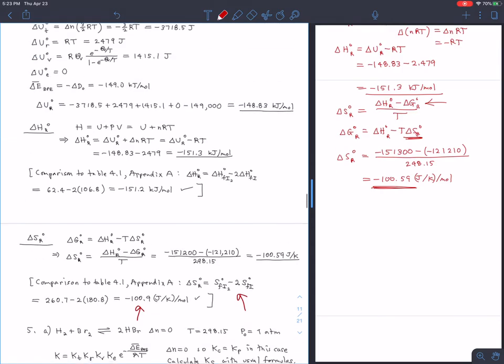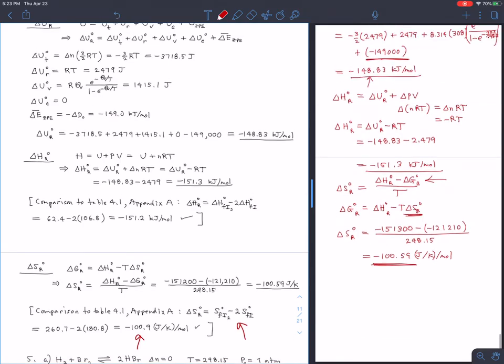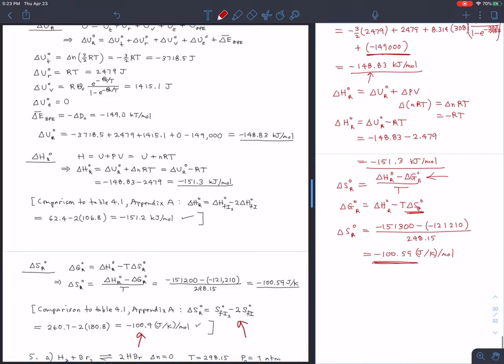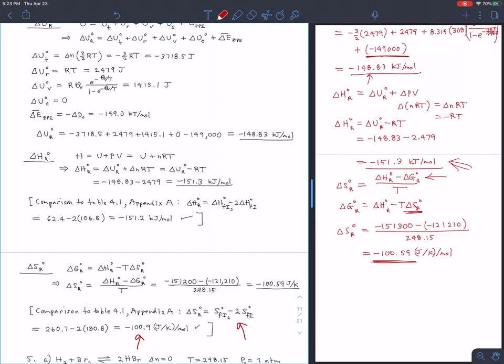That's very good. Also, I didn't point it out earlier, but this value for delta H can also be compared to the tables. So let's do that. Here's the table calculation over here, and we get minus 151.2 from the tables. So again, our calculation from first principles matches extremely well with the measured values.